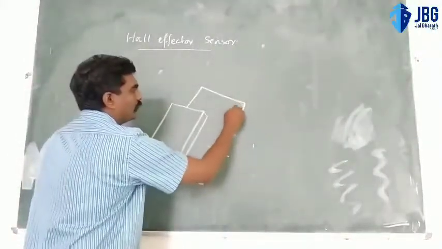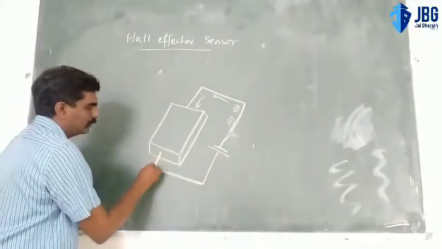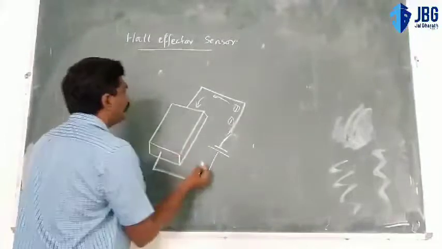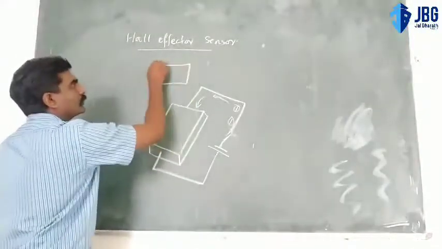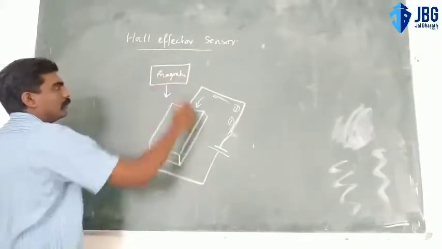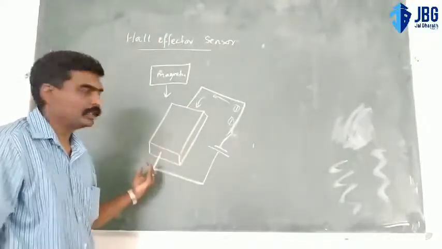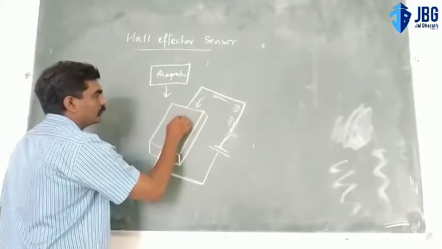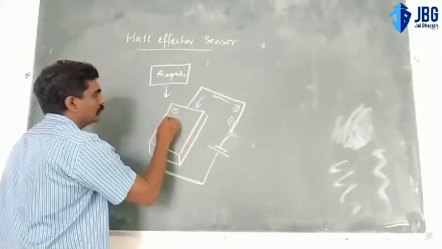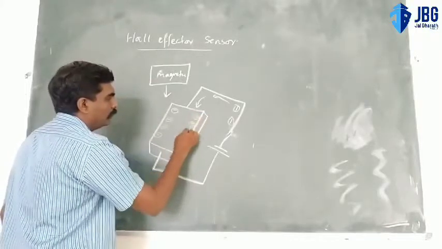The electrons will flow through the conductor like this, and when we apply a magnetic force perpendicular to the current carrying conductor, the electrons will change their path and develop some potential like this.